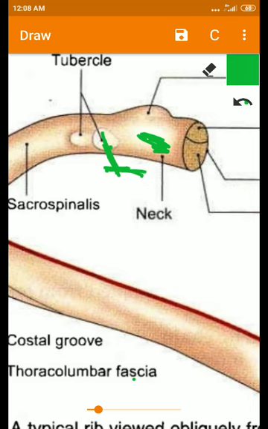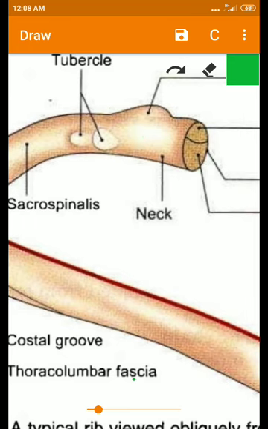For that joint, this ligament gives support. That ligament is called the costotransverse ligament. Costotransverse means a ligament attached from the rib to the transverse process. So on the posterior surface, the inferior costotransverse ligament is attached.